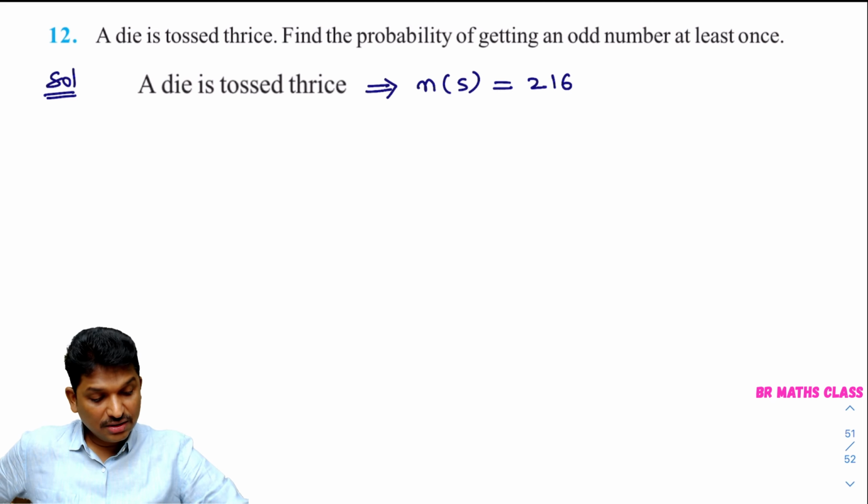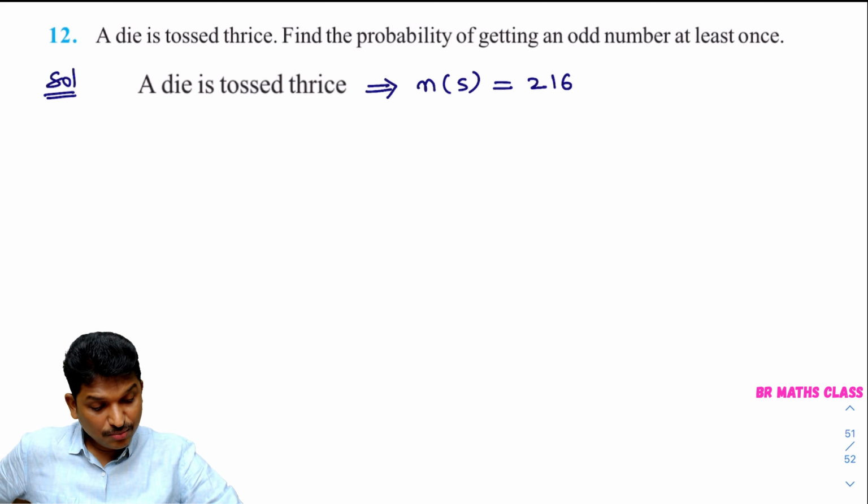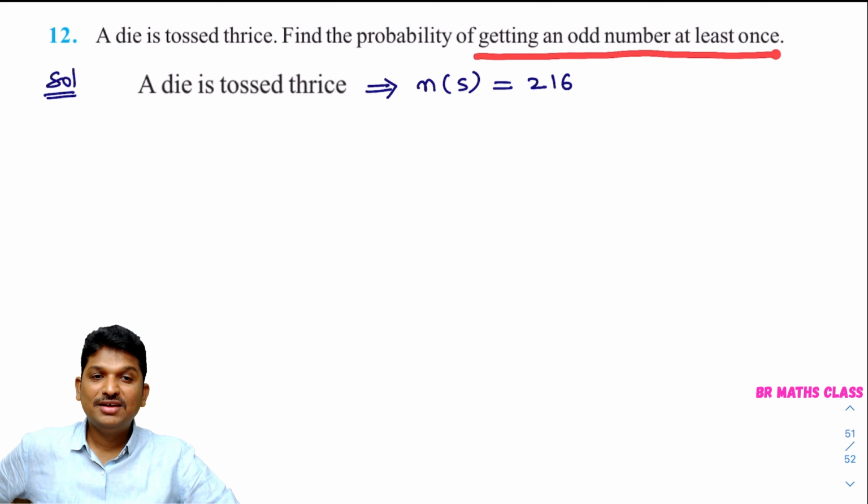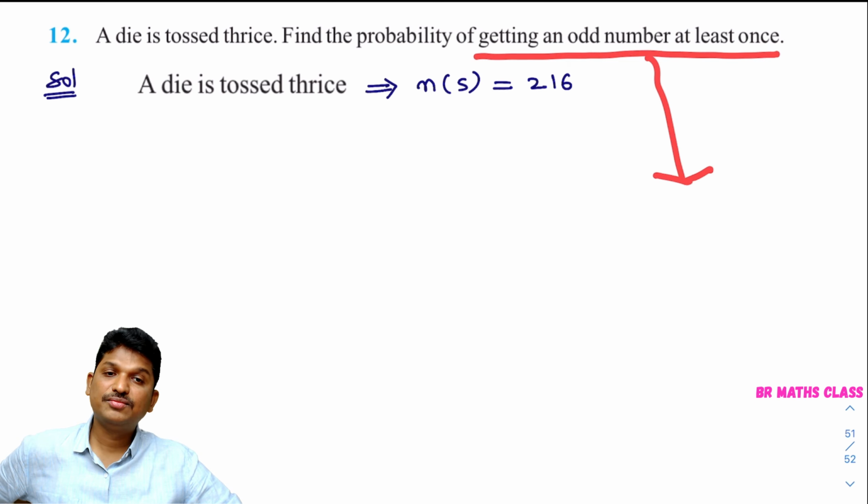Now, the probability of getting an odd number at least once. Getting an odd number at least once means what? Suppose when a die is tossed thrice, you got something like 2, 4, 6.